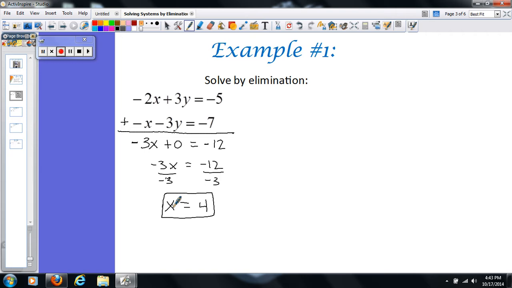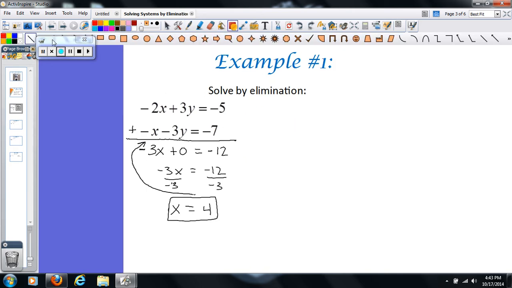Okay, so now we're going to use substitution, and I'm going to take this and plug it in. I'm actually going to choose to plug it in right there.